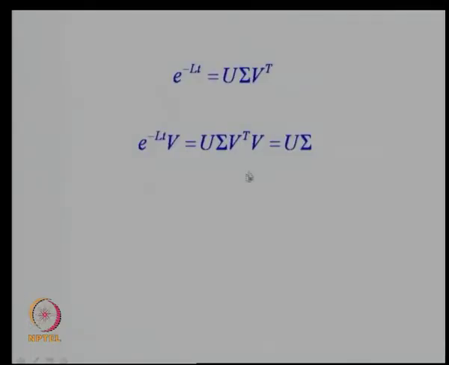So when I multiply this V transpose with V, what happens? It becomes identity. So I have e power minus LT times V is U sigma V transpose V, which is U sigma, because V is unitary.